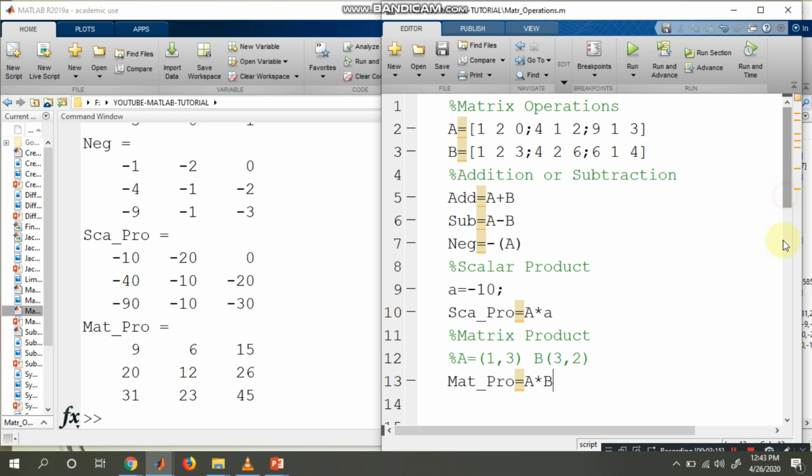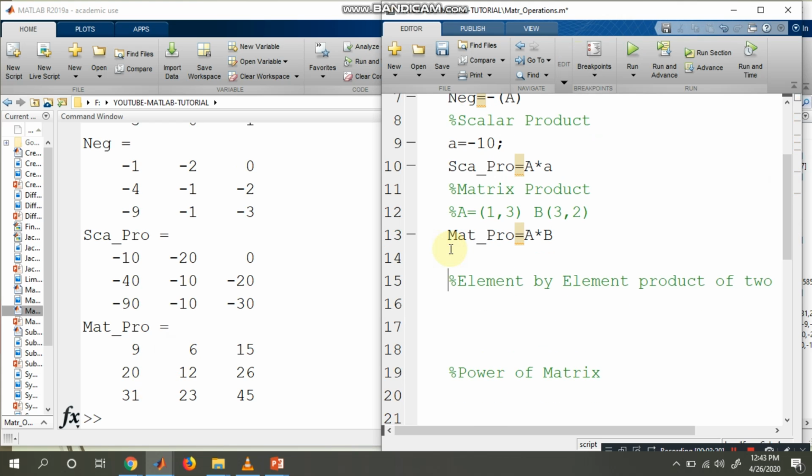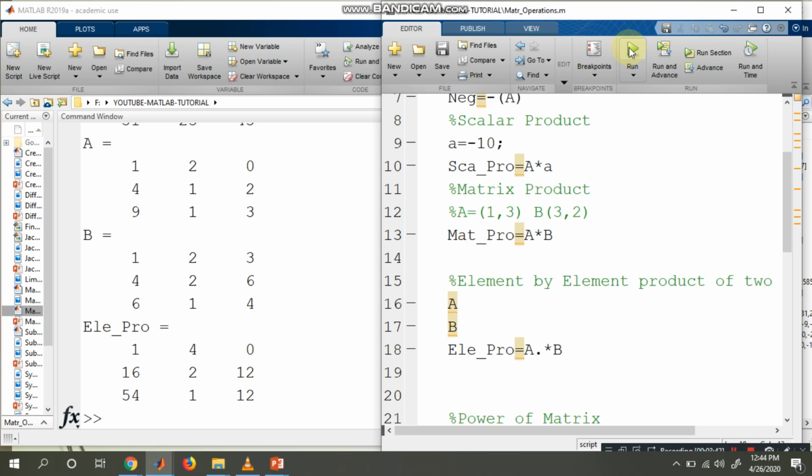The same thing, suppose we want the element by element product. First I would like to display A and B, and then the element by element product of A and B. For that we have to use the syntax A dot star B. Once we execute this file, observe here A, B, and this is the element by element product.